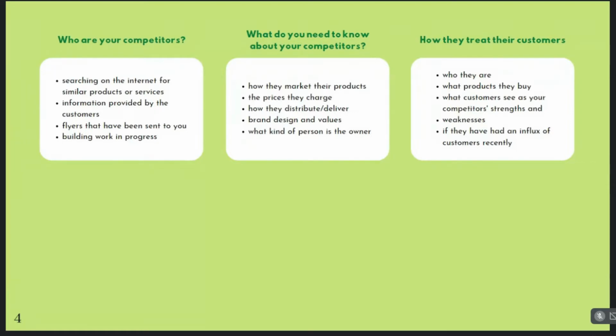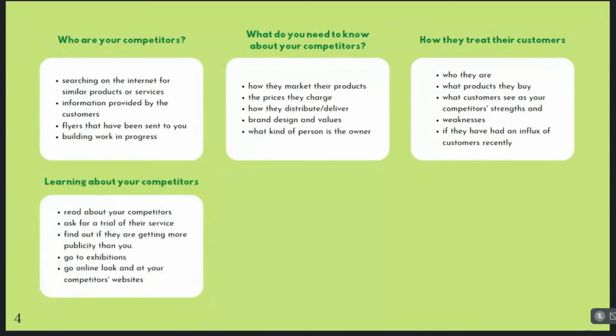We need to know what products their customers buy from them, because we may offer the same product, and better ones at that. We need to know if there are certain issues in our products that the customers don't like, which is why they prefer to buy from our competitors. We should always note the possibilities because knowing this information will be really helpful in improving our business.